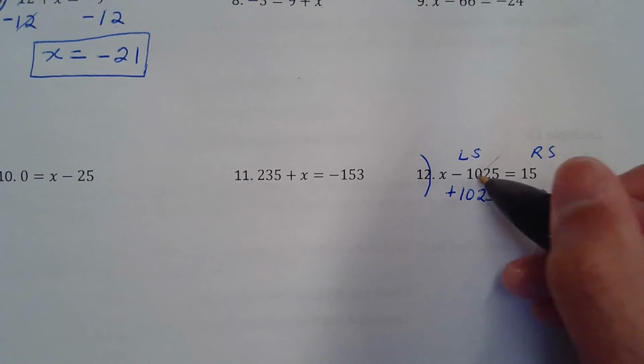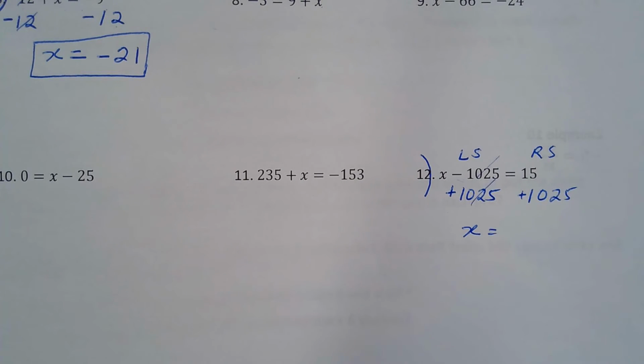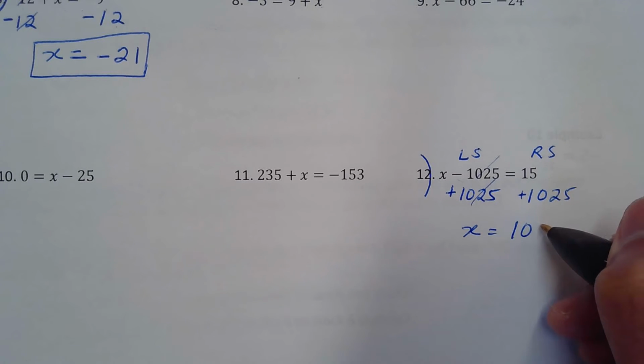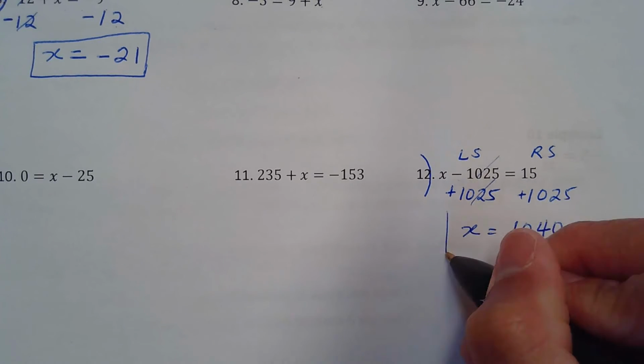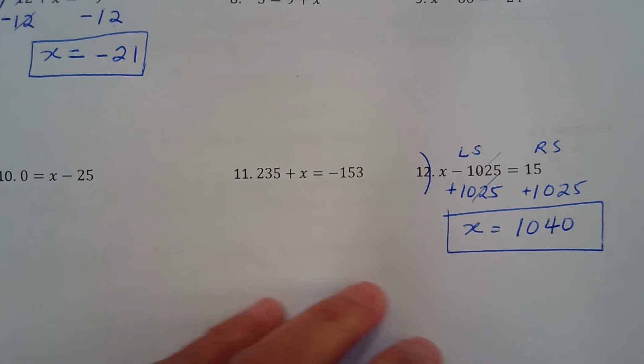So that cancels out, and that's basically what you did, right? So it's going to be 1040. 1040 is our answer. Good? You knew that. Okay, good.